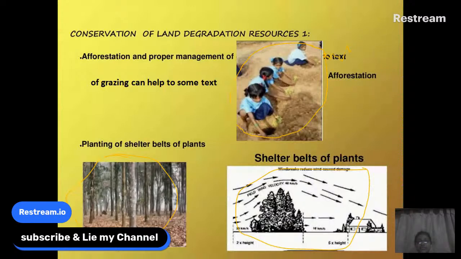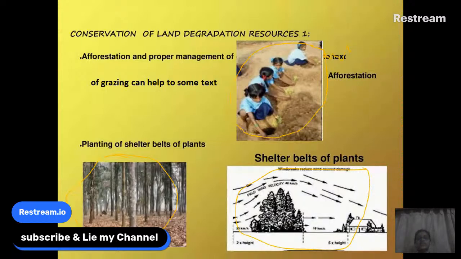The term field shelter belt is used for tree rows planted in the field to protect the soil and growing crops from erosion. I hope this is very clear to you all.